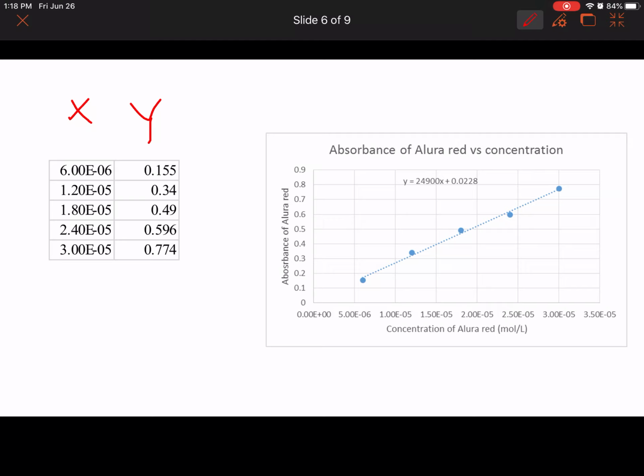Like if you want to do exponent, just do it like that, 6e-6. Don't do it like this, 6 into 10 to the negative 6. That will give you a wrong equation. That would not help us to do the calculations. It will be all wrong. So use this proper format, 6e-6.